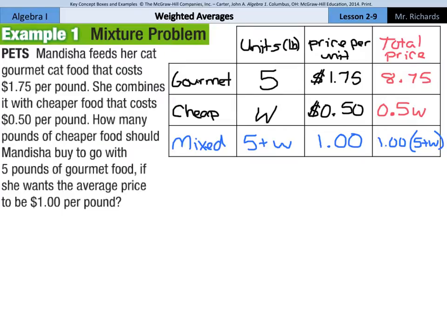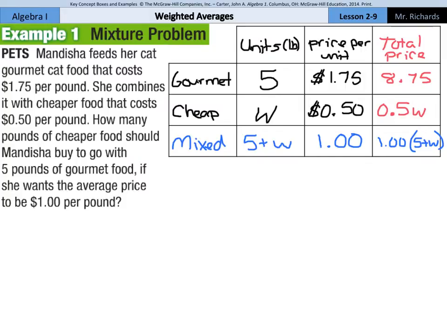Now that I have this set up, I have my total price here for gourmet and cheap being $8.75 plus the 50 cents times W. I have my total price here being $1 times the 5 plus W. Well, those are the two sides of the equation I'm going to set up.